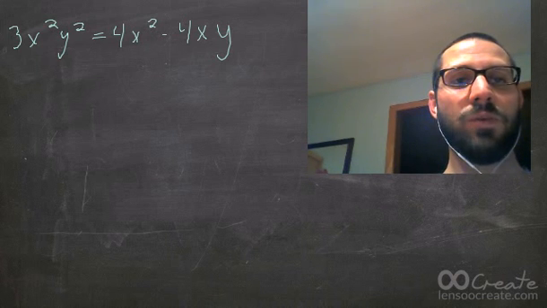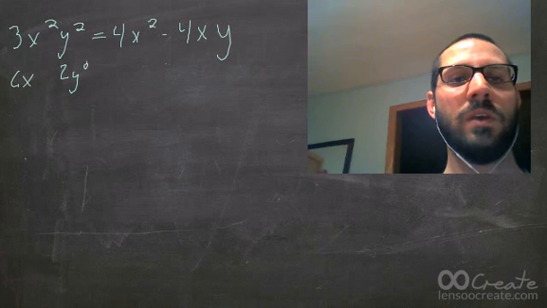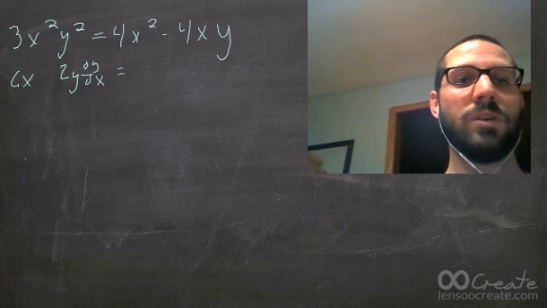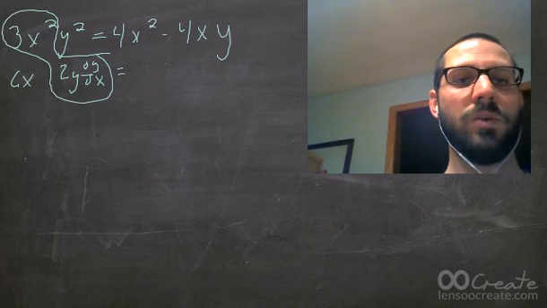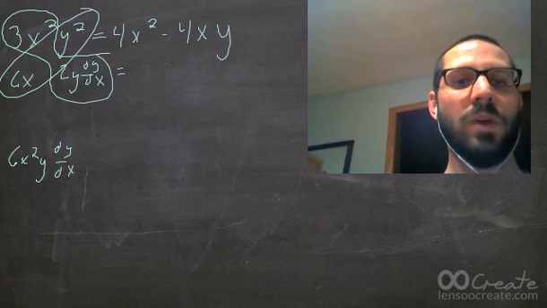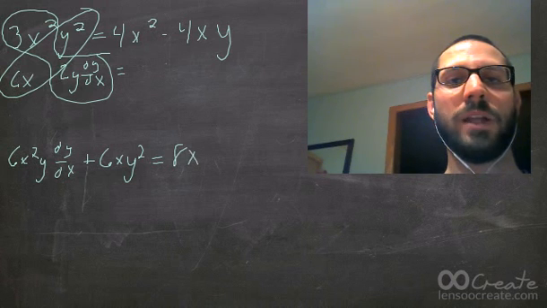A couple of different product rules going on in number 7. Derivative of 3x squared is 6x. Derivative of y squared is 2y dy/dx. So that actual derivative with the 2/3 bow tie is going to be 6x squared y dy/dx plus 6xy squared equals 8x.